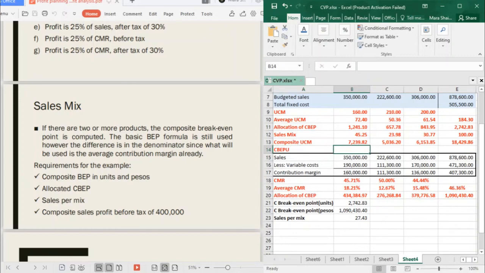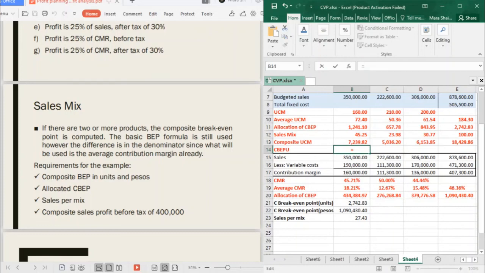This sales per mix is what we will multiply by the sales mix to get the composite break-even point per unit for each product. So CBEPU is the same as your allocation of CBEP.